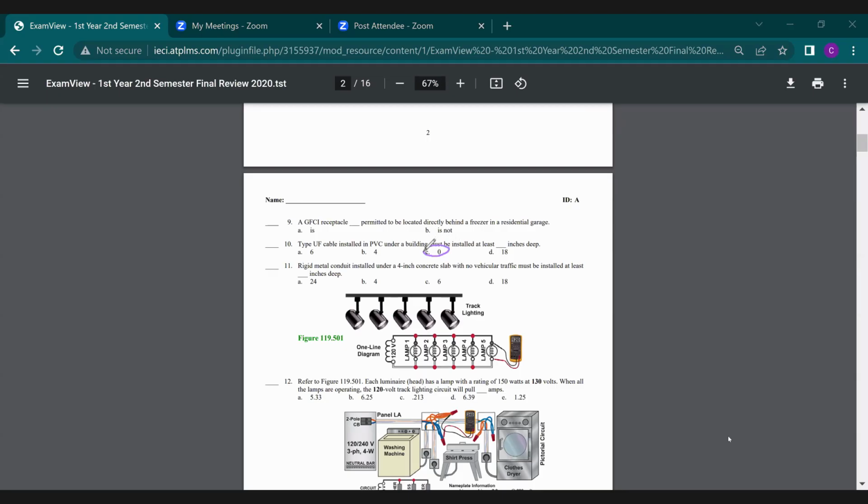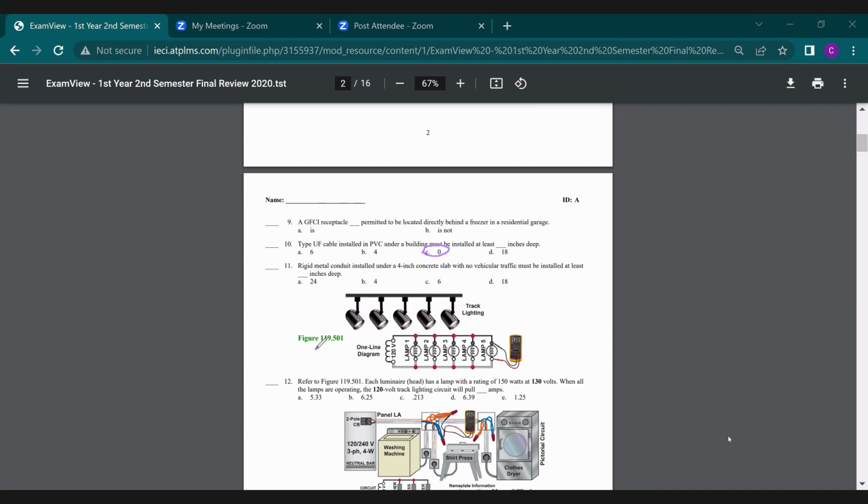C, 0 inches. All right, number 11, rigid metallic conduit under 4-inch thick. Yeah, so if it was just UF cable and it didn't specify PVC, it would be column 1.